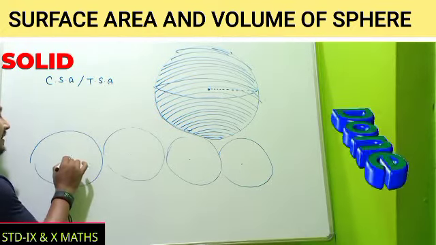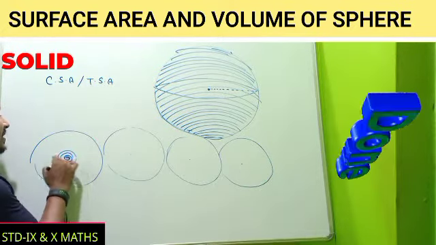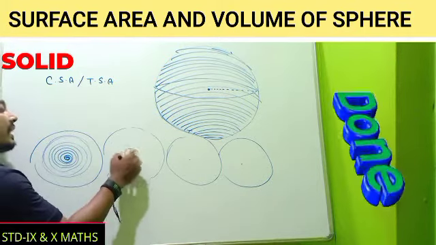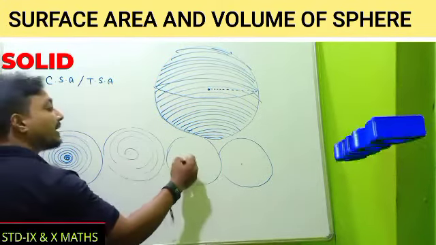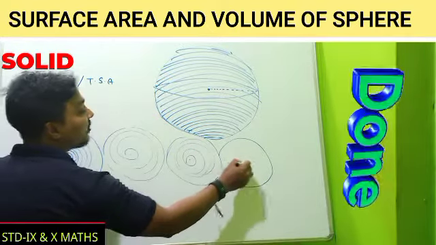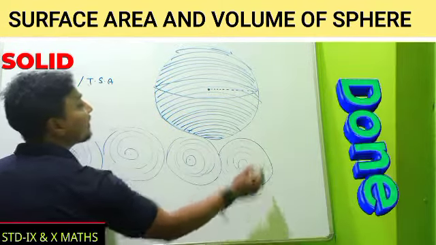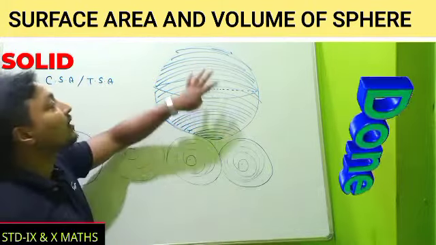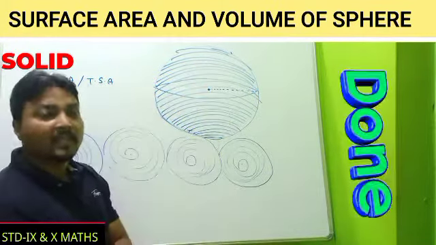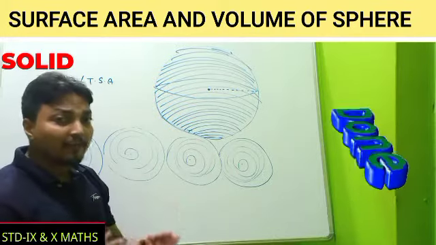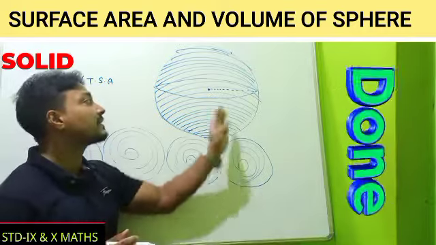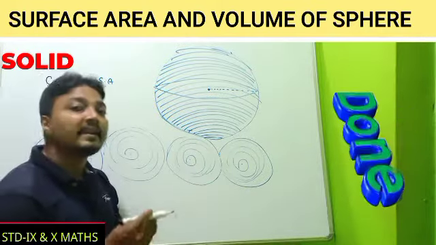Whenever I cover the surface of the spherical region, one surface is covered, another is covered, another is covered, and the fourth one is also completely covered. So one thing is clear: with the thread that covered the total curved surface area of the sphere, the 4 circular regions having the same radius are also covered.